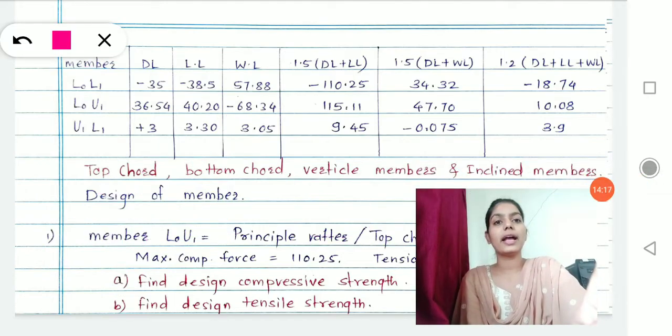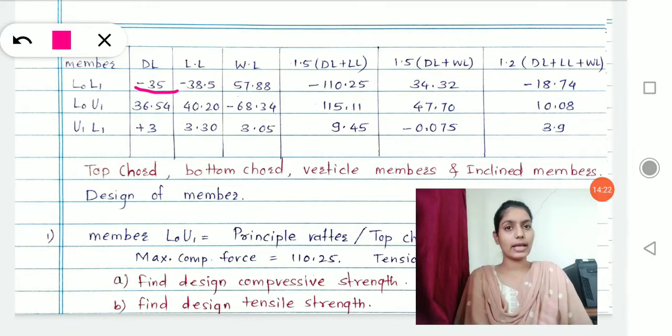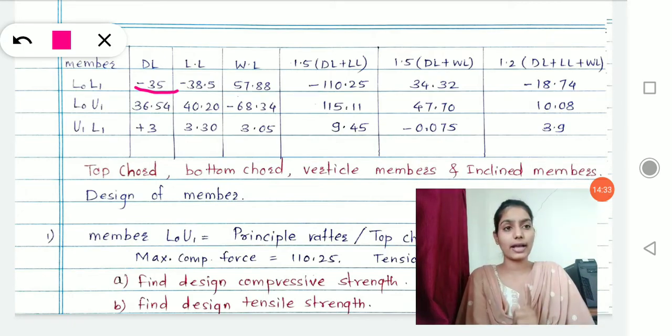So from there, I got to know the dead load in my L0, L1 member is equal to negative 35. Now what does the negative sign tell us over here? Of course, in the beginning of my lecture, I told you that a negative sign says compression.